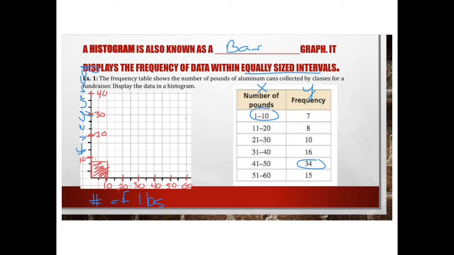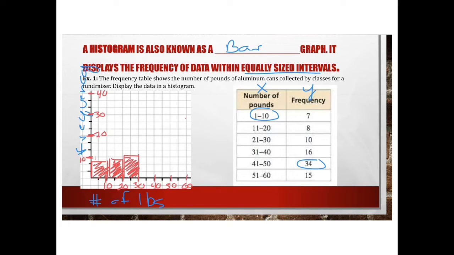For the next portion, again, we have 11 through 20 is 8. So I'm going to go from 11 to 20 up to about 8, which is a little bit taller. And then we have 21 to 30 is going to be up to 10. And again, a little bit taller.